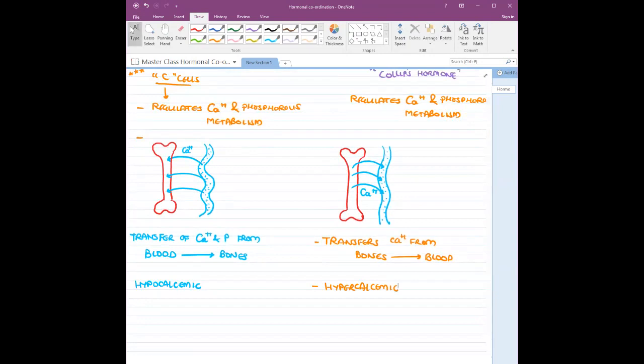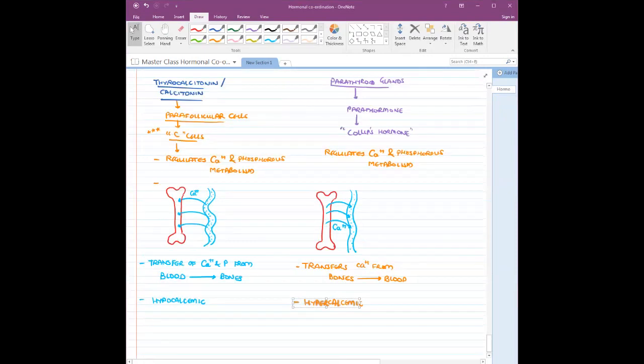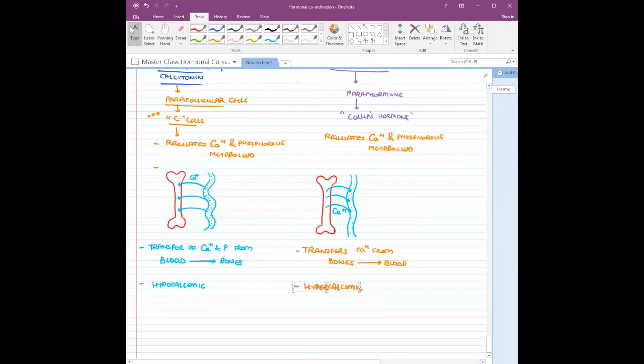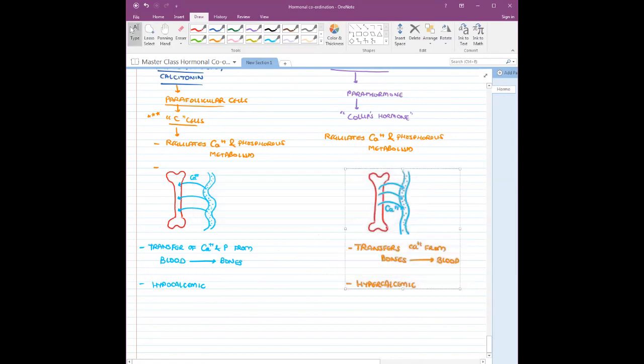My question is, is everybody okay with this? Just one minute, I'll zoom out so you will get an idea. Then we will see what hypo and hyper secretion is on the basis of this, guys, because both of them are opposite, so the hypo and hyper secretion will also be exactly opposite to one another.